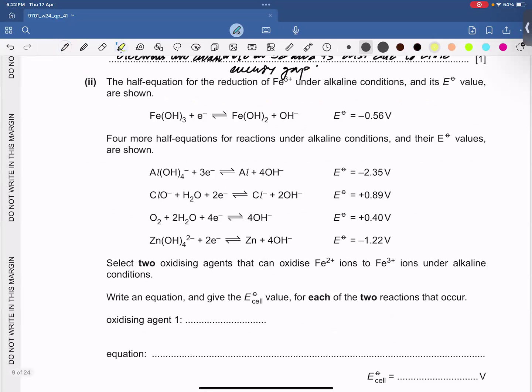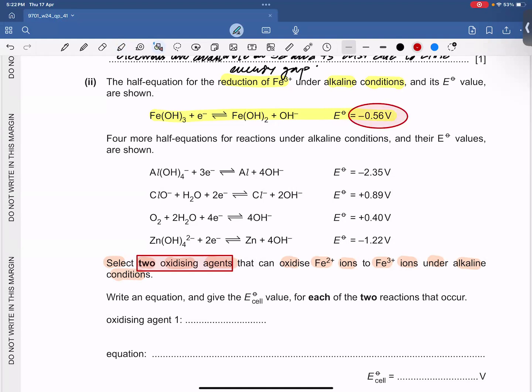Next, the half equation for the reduction of iron 3 ions under alkaline condition is given. But select two oxidizing agents that can oxidize iron 2 ions to iron 3 ions under alkaline condition. If I need two oxidizing agents that can oxidize iron 2 ions into iron 3 ions, obviously the value needs to be greater than this one.